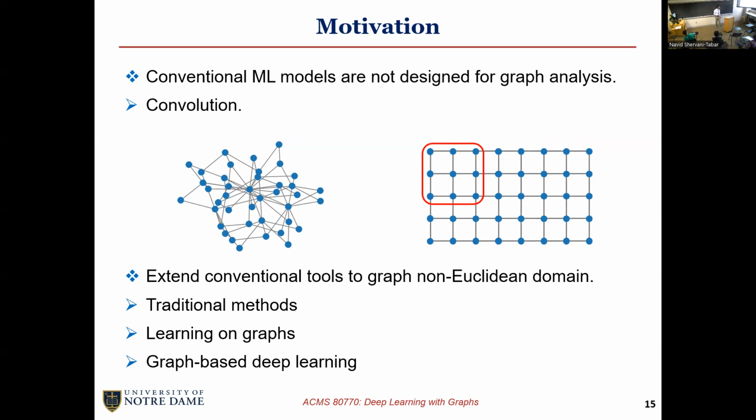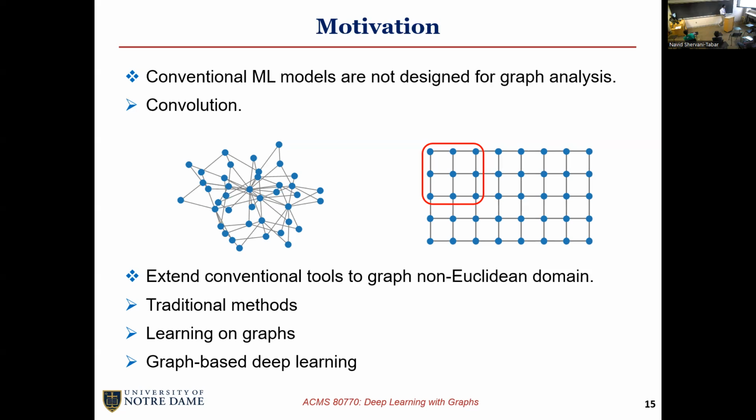As I mentioned, we are going to look at this on 3 levels. We're going to look at the traditional methods that people were using before this whole machine learning and deep learning thing came out, which are more mathematically motivated. Then we're going to look at learning on graphs without any deep learning, essentially creating features on graphs and just having the features without doing any deep learning to study them for whatever reason.